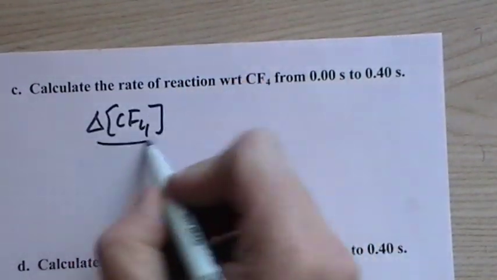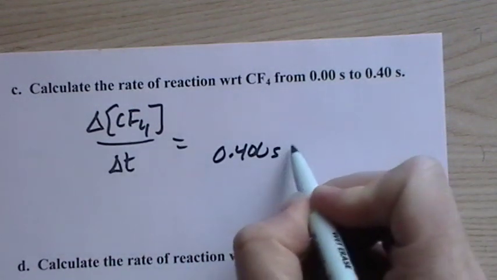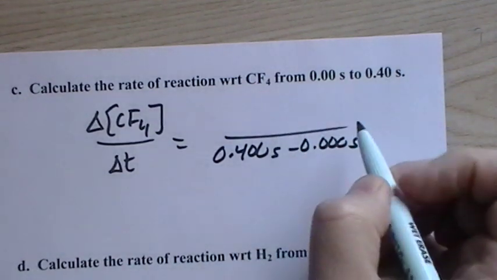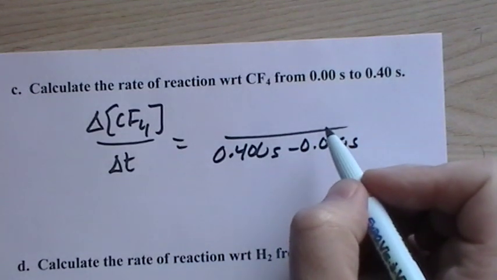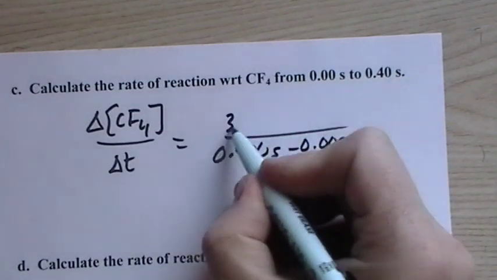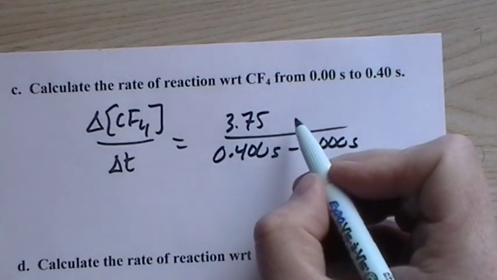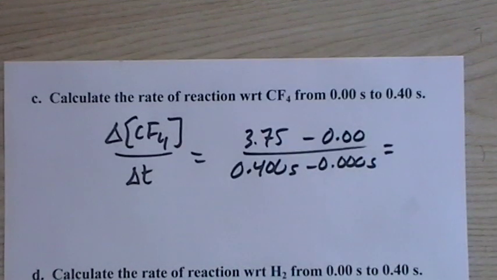We have CF4, same time period. So it's 0.4 minus 0 seconds, and then we have 0.4 for CF4 is what? 3.75 for the final, initial. And we have 3.75 divided by 0.4.